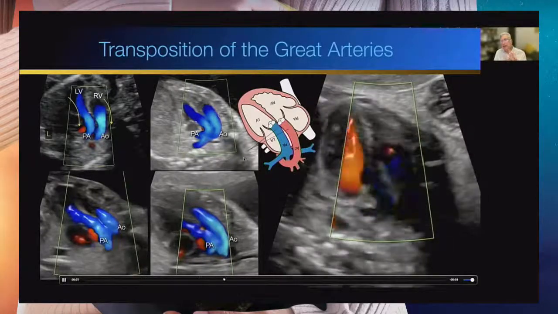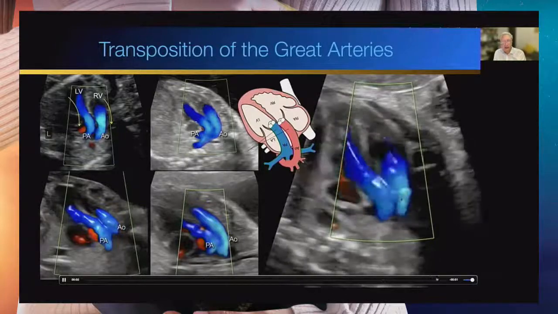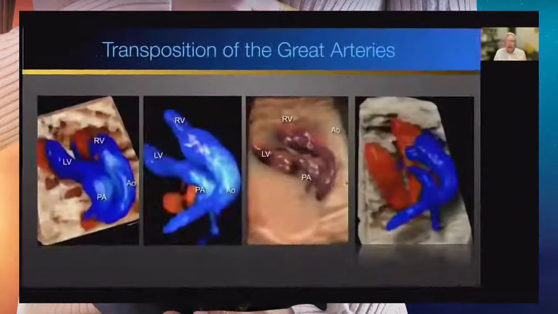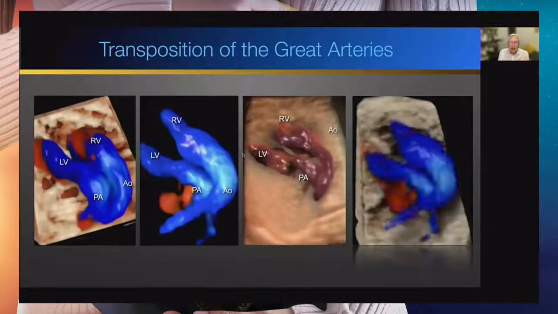But the typical finding is the oblique plane showing the 2 parallel vessels, and then getting a 3D will demonstrate, in comparison to what I showed you before on the crossing of the vessels in the first 3D image at the beginning, that you see here 3 different ways of demonstrating the parallel course of the vessels in the transposition of the great arteries.